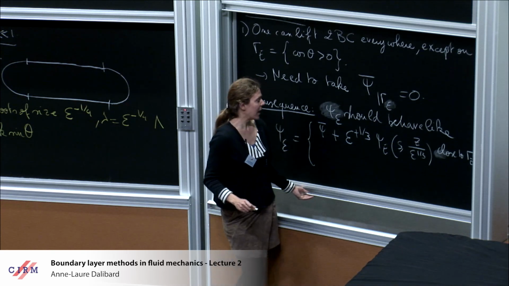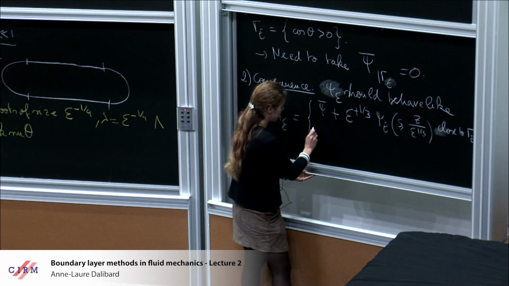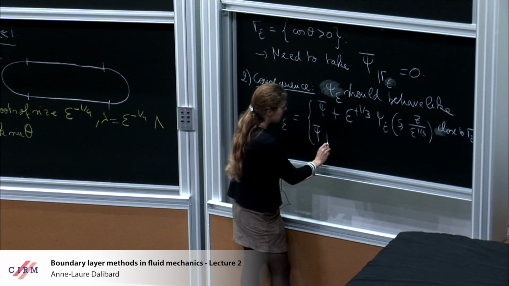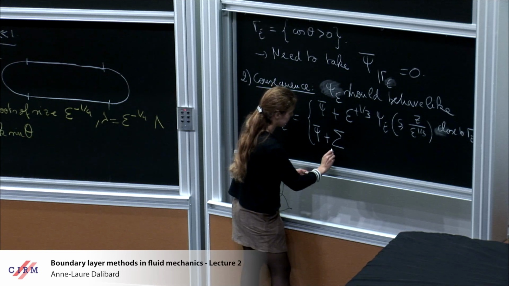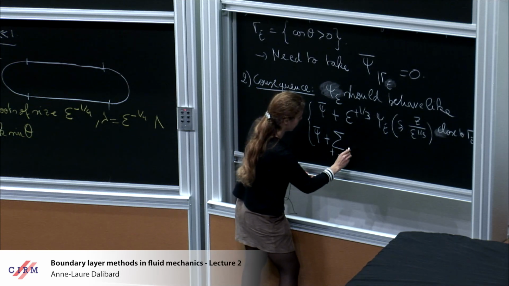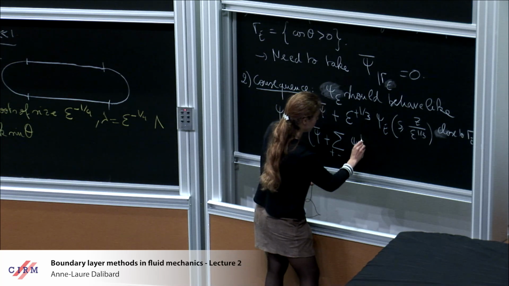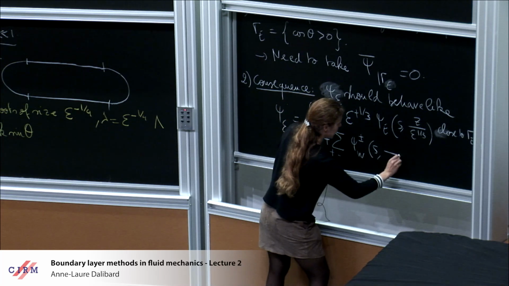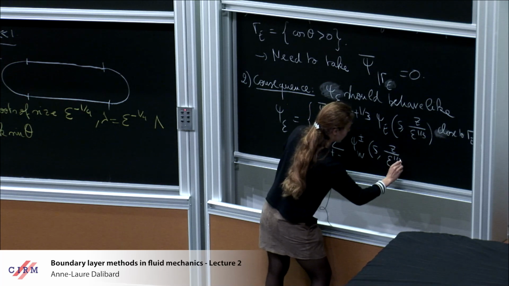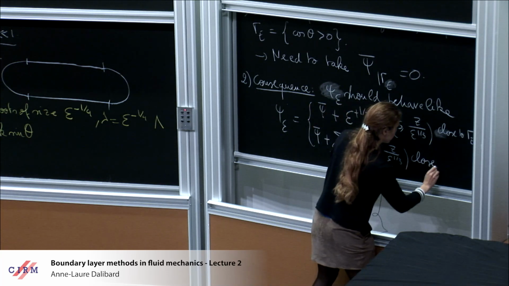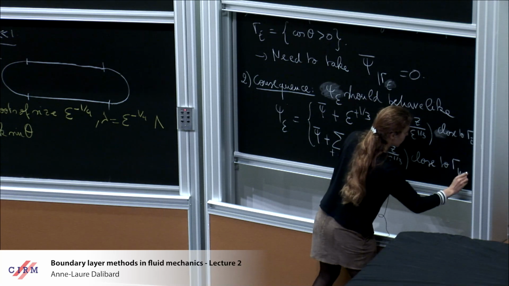Okay, and it should behave like psi bar plus a linear combination of two, say, psi w plus or minus as z over epsilon to the 1/3 goes to gamma w.